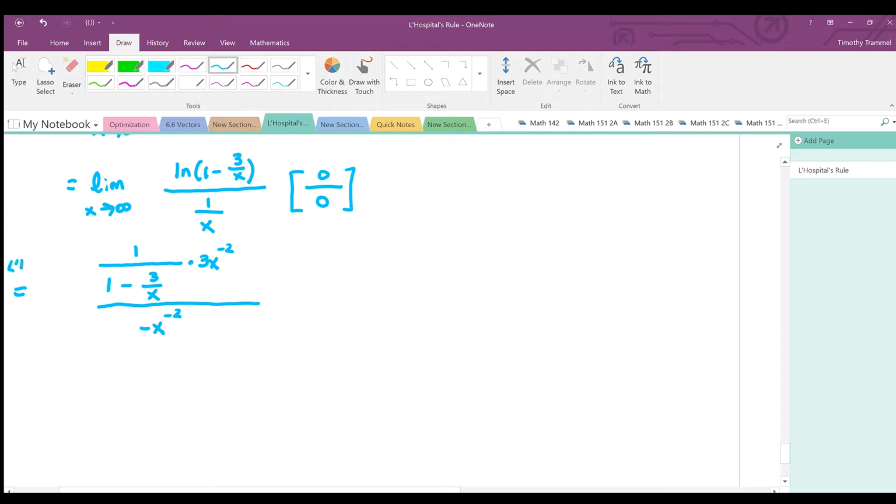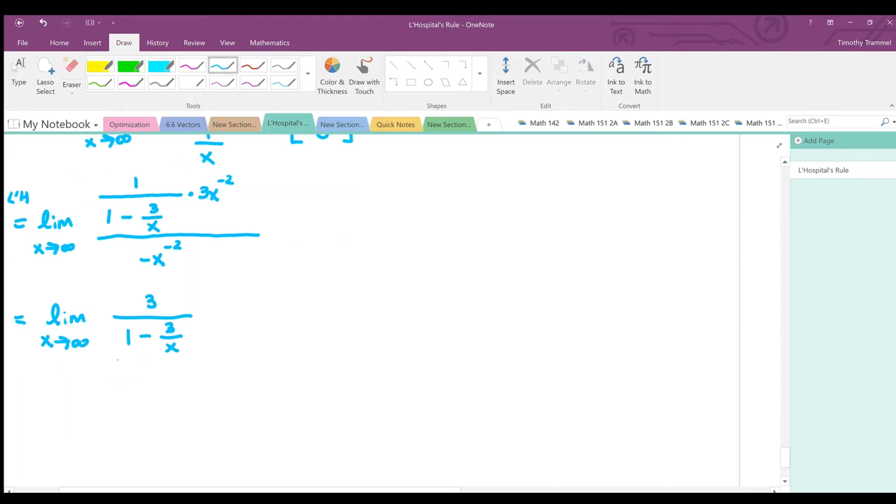So L'Hopital's rule, limit as x approaches infinity. And so then this becomes the limit as x approaches infinity of 1 over 1 minus 3 over x. I still have this 3 here. It's just the x to the minus 2 is going to cancel. So maybe I'll just put that 3 in the numerator of this fraction. And then this is all over, and again, the x to the minus 2's we're going to cancel, so all I'm left with is minus 1.